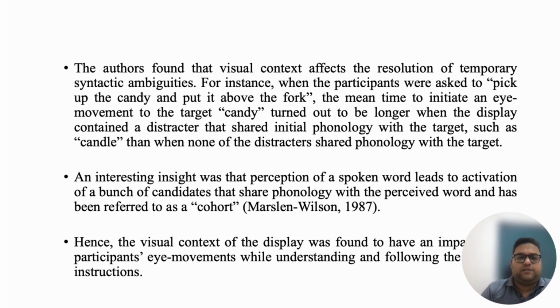So suppose one of the objects is candy, the other object is candle. When the participants are trying to follow these instructions, they will actually take a little bit more time. This more time will basically be an index of the confusion or the ambiguity that has been created.